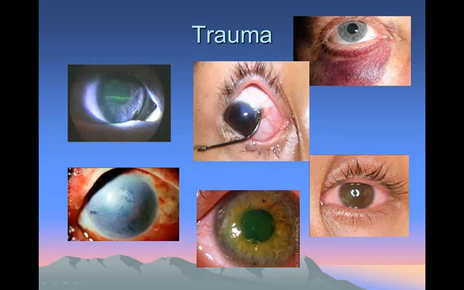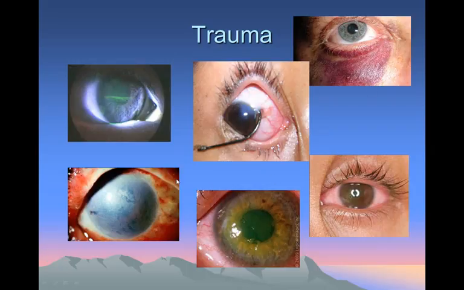If it's some kind of metal, we definitely don't want to do what test? That's an MRI. No MRI, because this could literally pull the eyeball out. If they have something foreign in their eye, we also want to assess, have they had a tetanus shot? If they've had a tetanus shot more than 5 years ago, we're going to want to give them a booster.